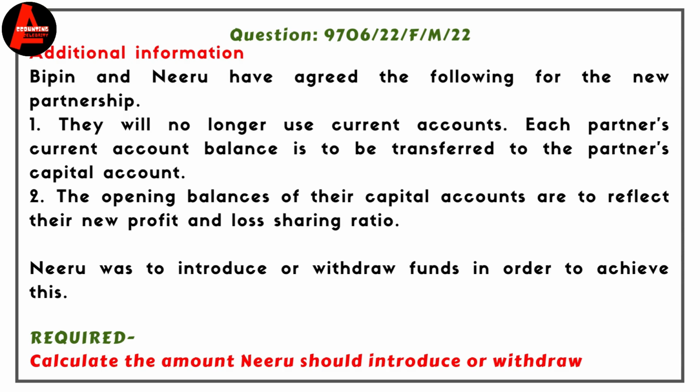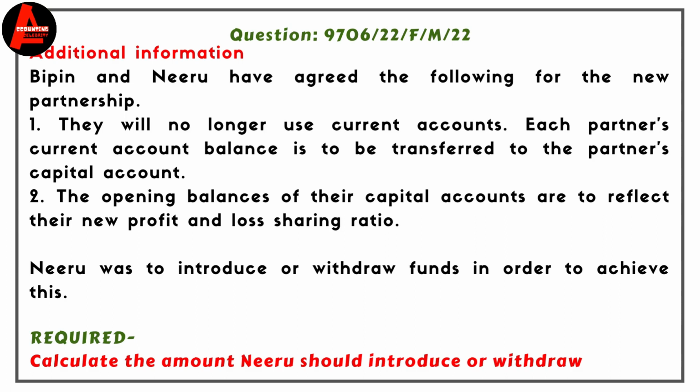Now, what is the requirement here? Let us have a look at the question. Bipin and Neeru have agreed the following for the new partnership. Number one, they will no longer use current accounts. The partners' current account balances are to be transferred to the partners' capital accounts.